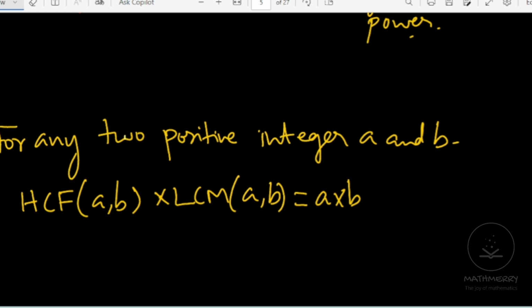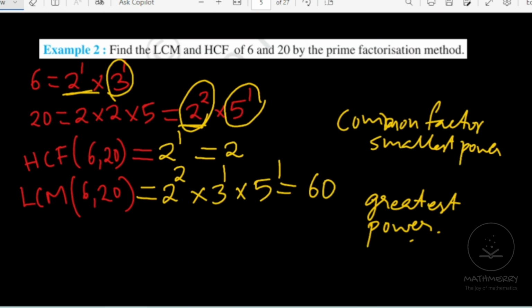So now in today's class we will be solving some of the problems, and before getting into the class let me just give you a result which we have derived from the previous class itself. In the previous class we found HCF and LCM when the prime factorization is given.